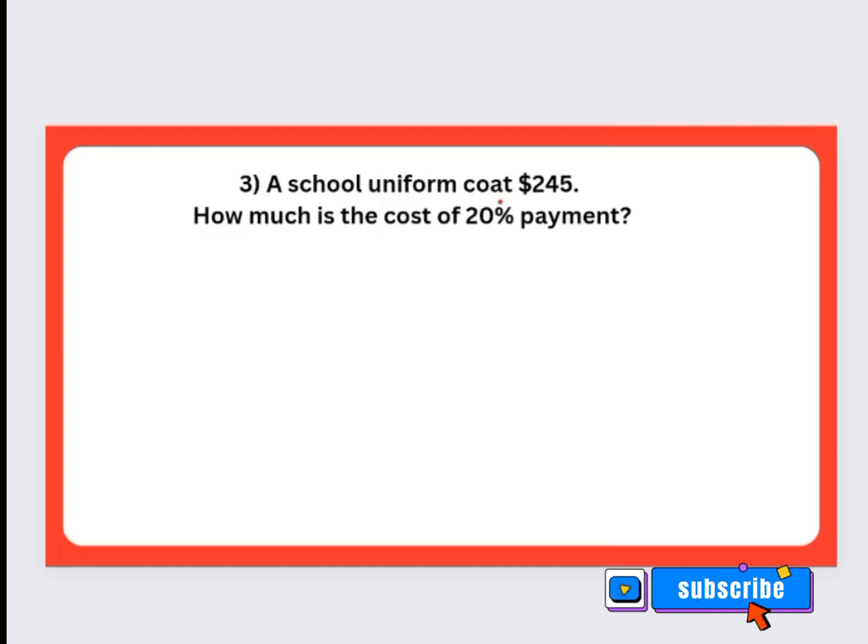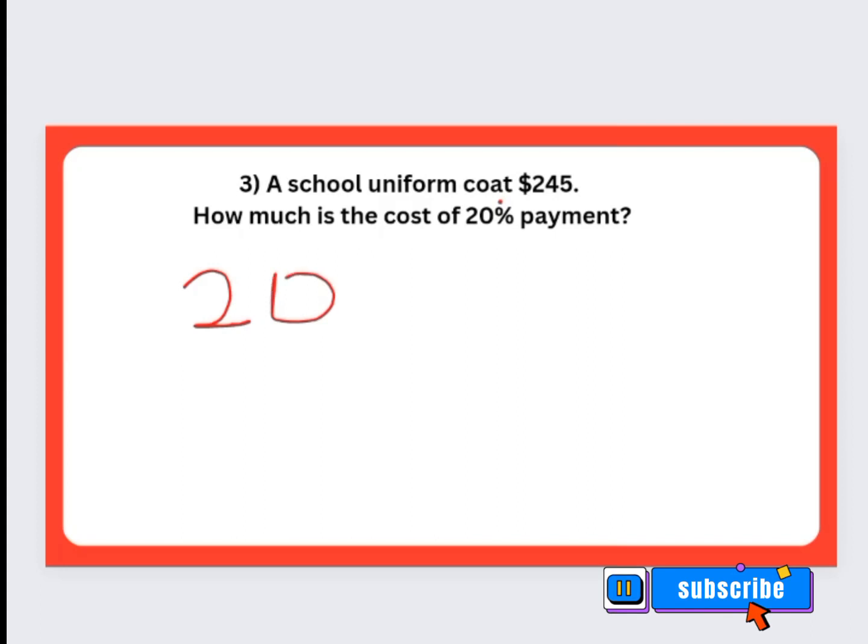How much is the cost of 20% payment? So if a uniform costs $245 and the buyer is to make 20% of the payment, how much will the buyer pay? That's what it meant.